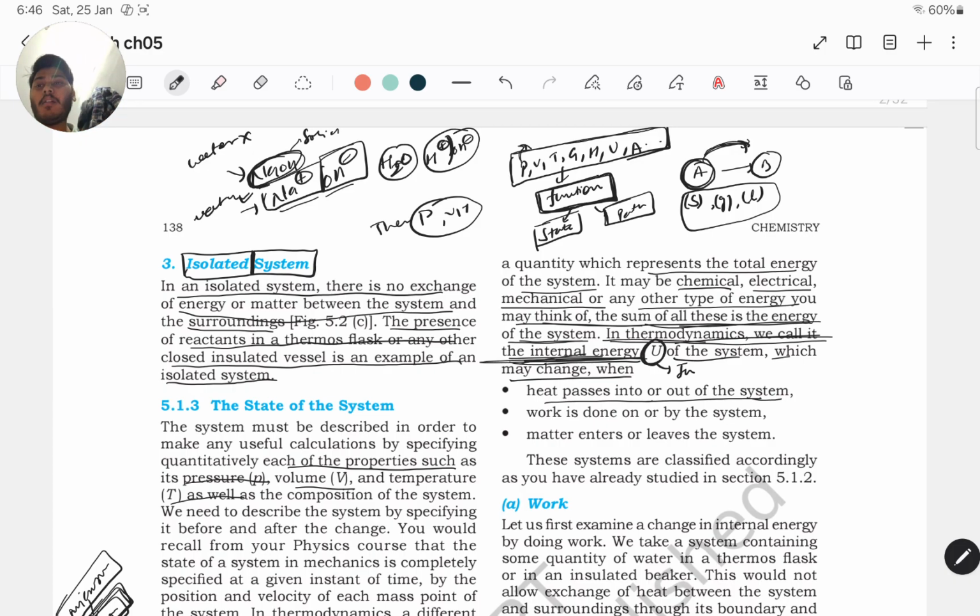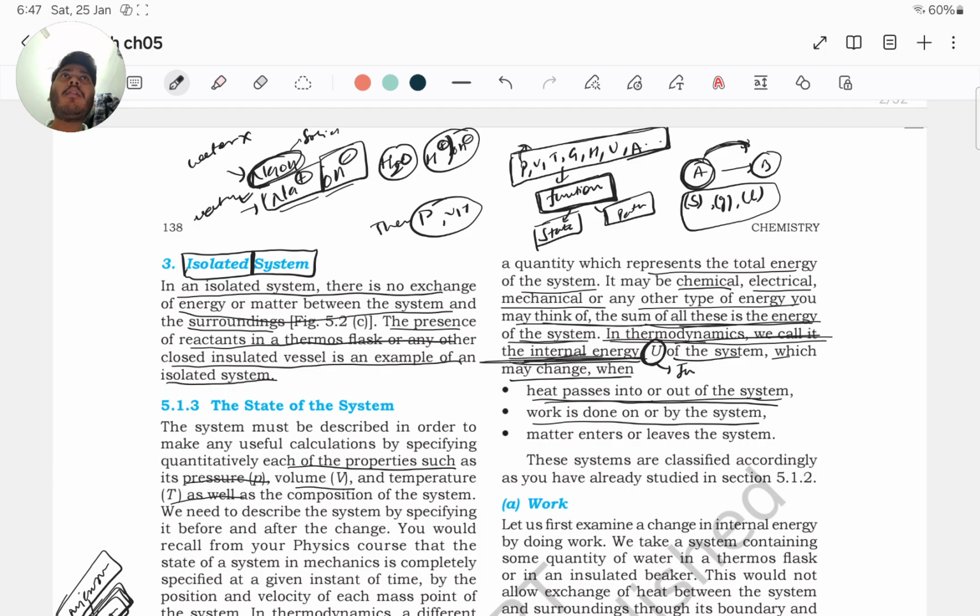So when we are working, the heat can be changed into the form of work, so you feel tired. But when you take food, then you feel you have some energy, some stamina to do the same work or other work. So heat can pass into or out of the system, and work is done on or by the system.